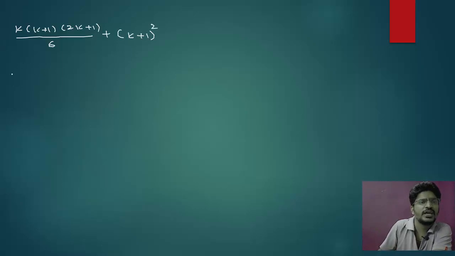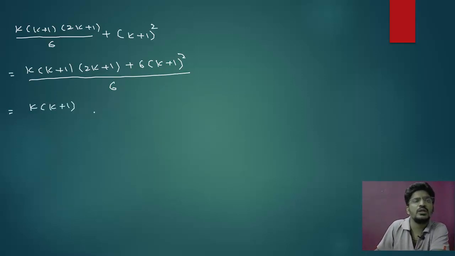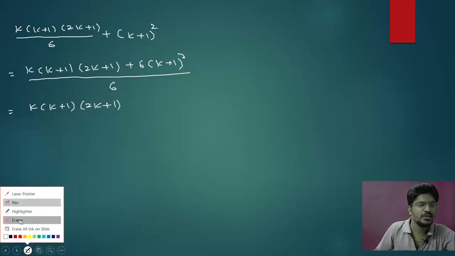So now I can simplify this as k into k plus 1, 2k plus 1 plus 6 times of (k+1) whole square divided by 6. And if you want to simplify this, take k plus 1 common. That will be very easy.